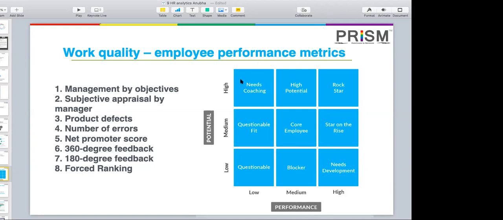Okay. Then with this, we also check the number of errors. So the number of input errors could act as an alternative to what I mentioned right now on product defects. The same goes for the number of corrections in written work or the number of bugs in the software code.